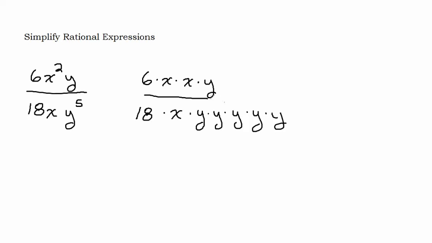So when you only have one term in the numerator and the denominator, you can just think of the exponent as listing out all the factors, y times y times y, that gives you y to the fifth. And then you can see what you can cancel here, right? So x divided by x would be 1. And then y divided by y would be 1. And 6 goes into 6 once, and 6 goes into 18 3 times.